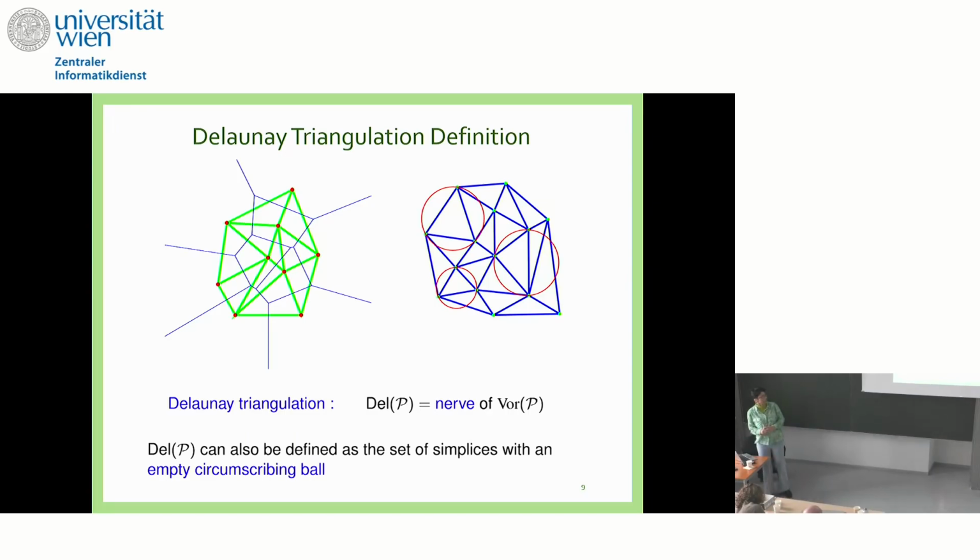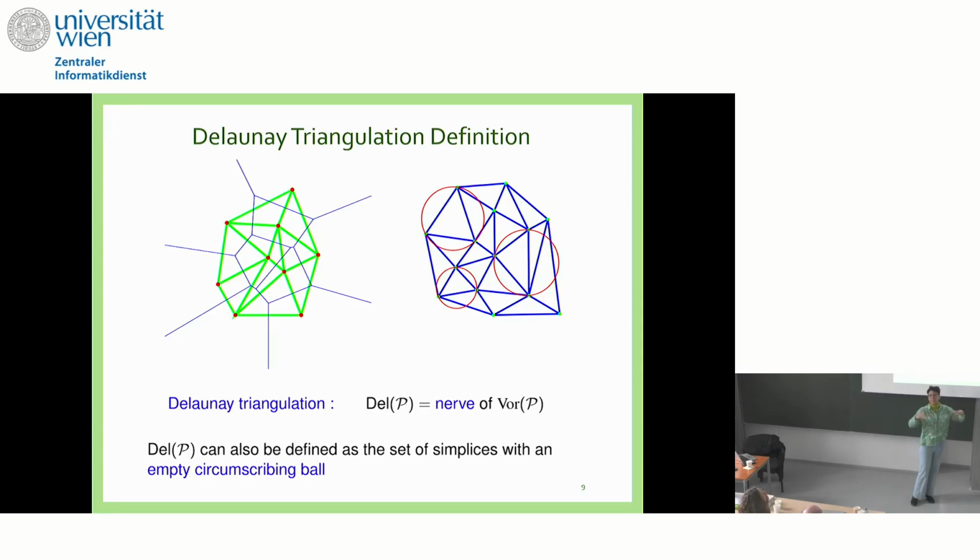Sorry, I know that it's very obvious for many of you, but it's important to mention that when you have some of these hyperplane bisectors intersecting at a point, that in 2D would be the dual to a triangle of my Delaunay triangulation, that would be exactly the point which is at the same distance from the three corresponding red points, and this is indeed the center of the circle, right?